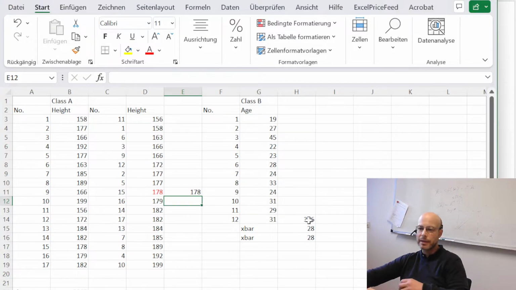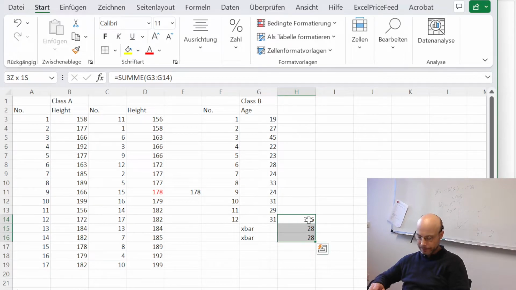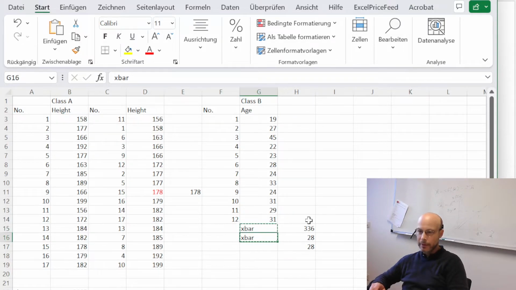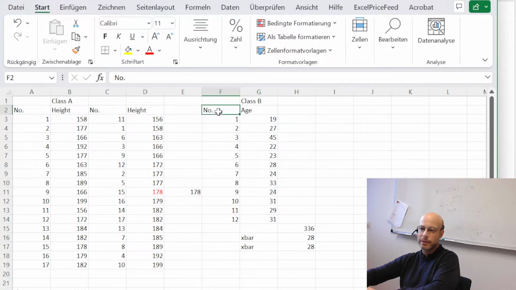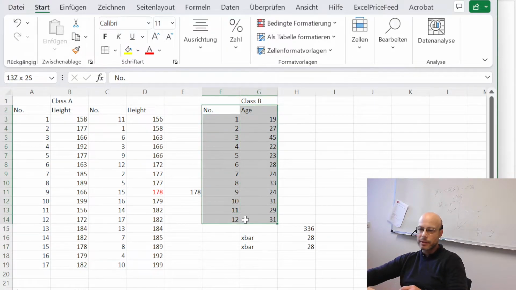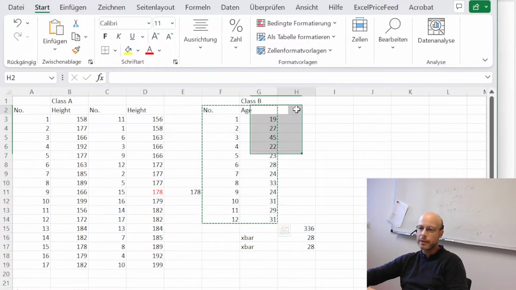And if we go to class B, then of course we don't have a middle in our distribution as a pure number, but let's at first sort these numbers also in a row.